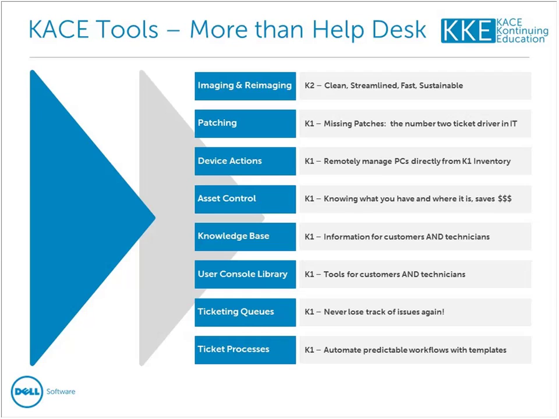So things like the device action feature in the K1000 allow me to use my remote management software, whether that be RDP or VNC or TeamViewer or whatever remote desktop type software I have, whether it be computer management or PS exec or whatever software tools that I have that allow me to remotely interact with a user in their computer, I can utilize those applications right through the device actions feature right in the K1000 inventory list. Okay, so I can become much more efficient.